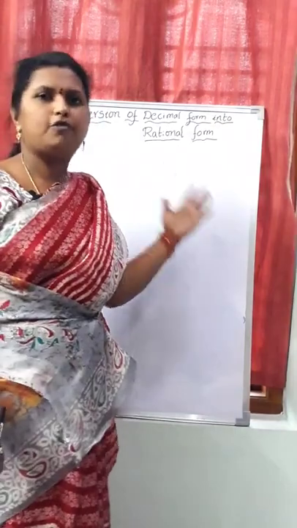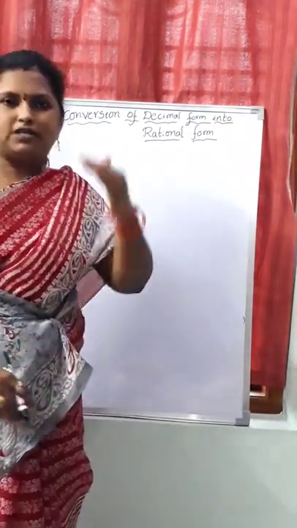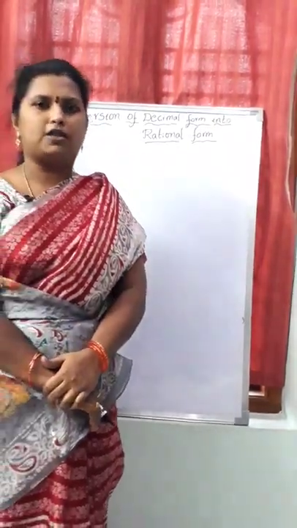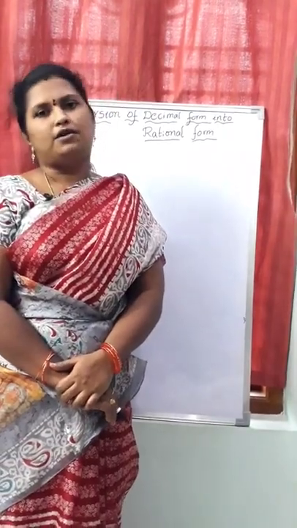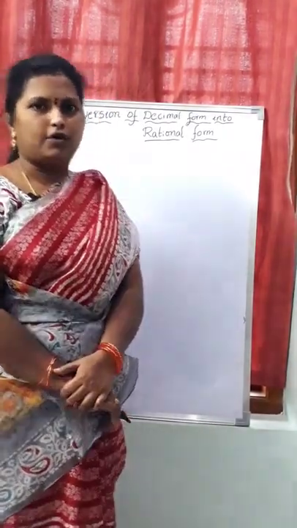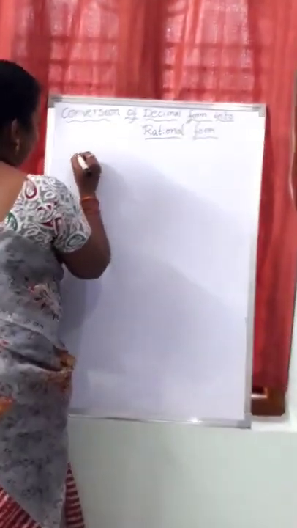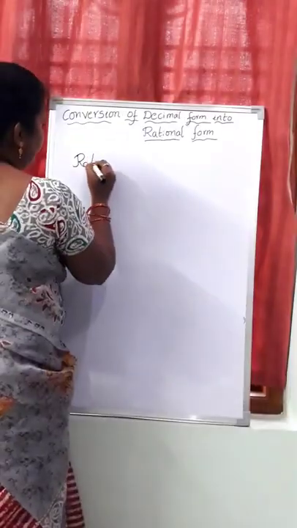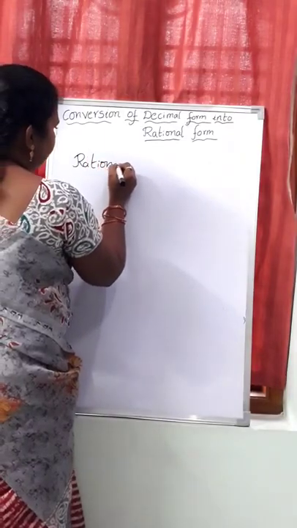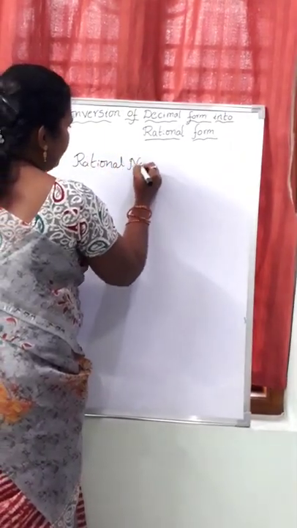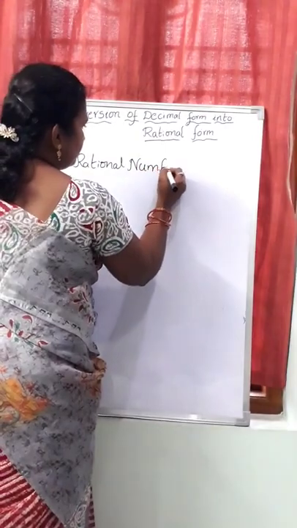Before going to discuss this, just recollect the points we discussed in the previous class. Every rational number can be converted into the decimal form.